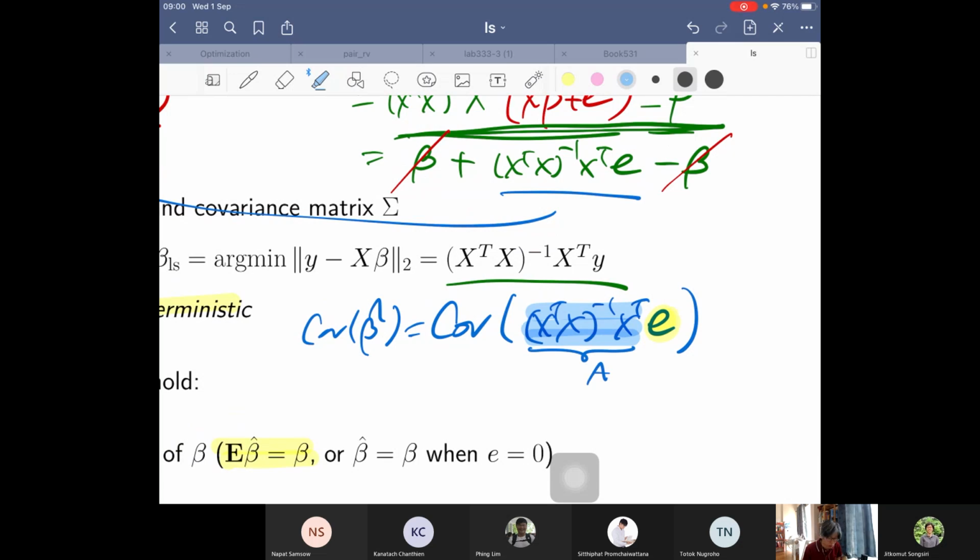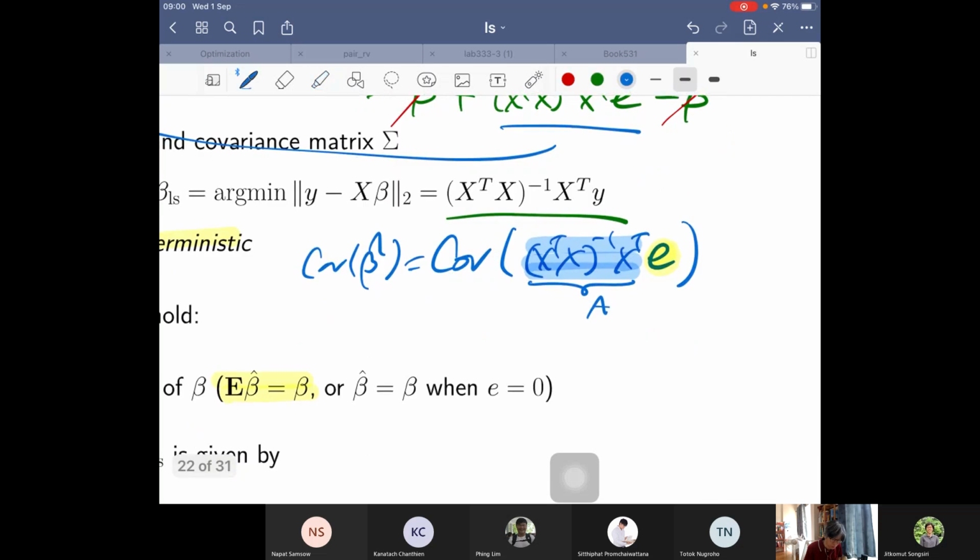So what was the result? Covariance of some matrix times e. You have e as a random variable, but now you would like to compute the covariance of Ae. What is the result?